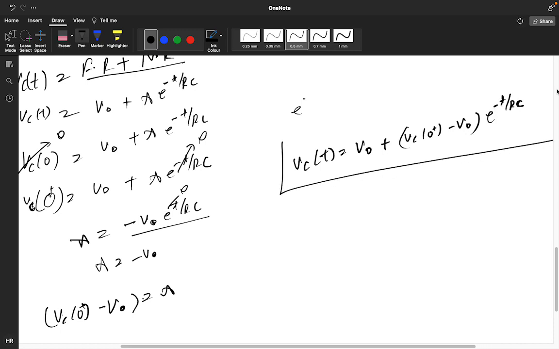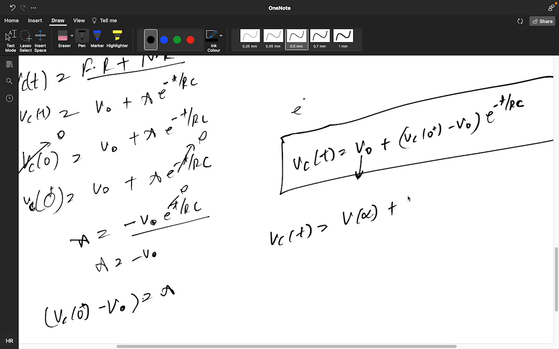So the final equation, Vc of t, is V of infinite plus Vc of 0 minus V of infinite, times e power minus t by RC.